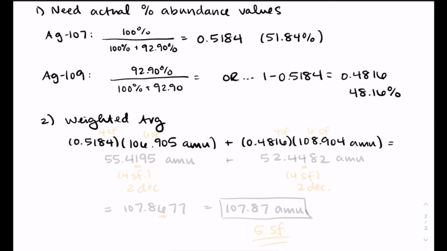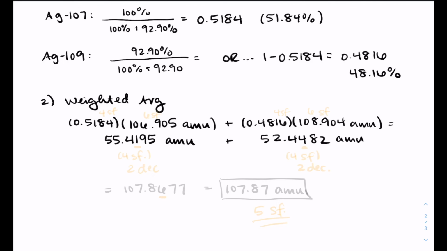So when I do this, my percent times atomic mass for silver 107 gives me 55.4195. Now, I do need to limit my sig figs here because I have 4 sig figs for one and 6 sig figs for the other.